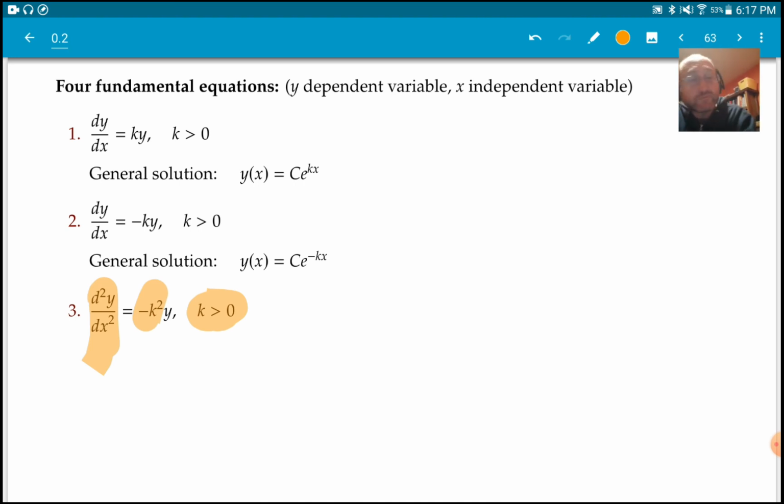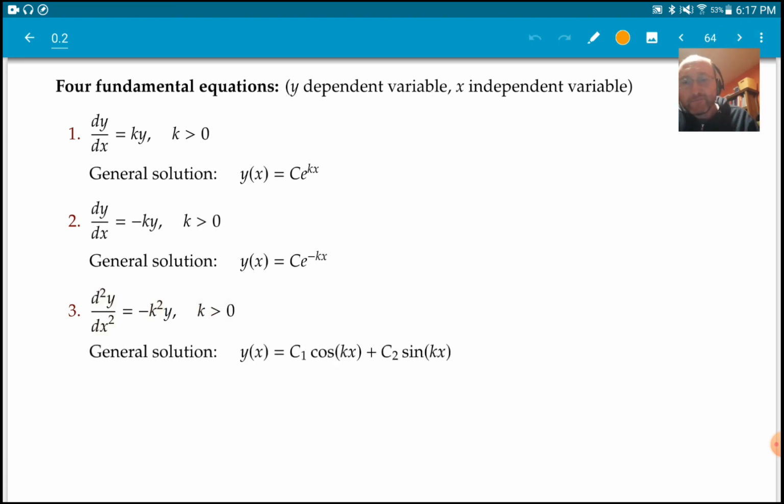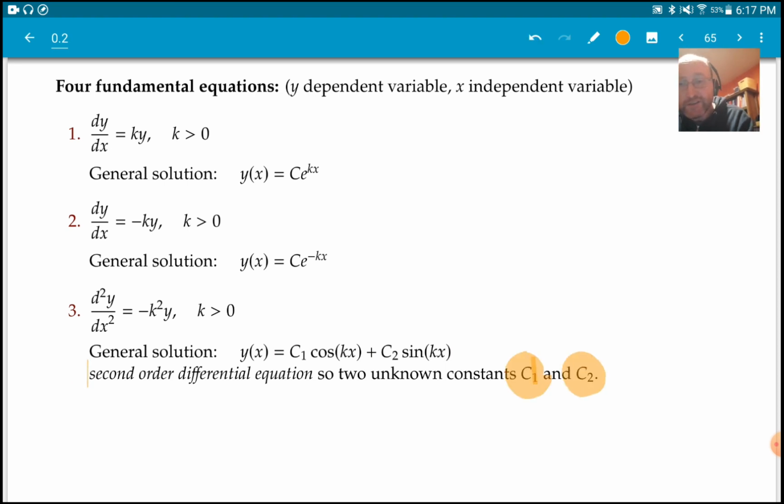So I have this negative constant in front of the y, and then the general solution looks like this: a constant c1 times cosine kx plus a constant c2 times sine kx. Now there are two constants, c1 and c2, because this is a second order differential equation. There is a second derivative.